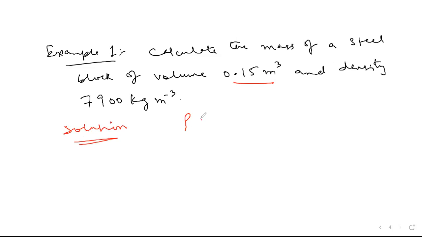You can see density is mass over volume. Volume is given, 0.15 cubic meter. Density rho is given, 7,900 kilogram per cubic meter.